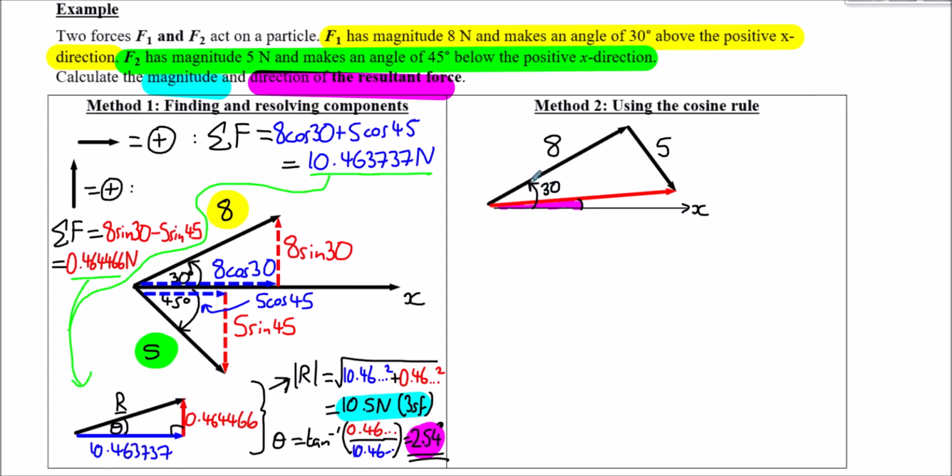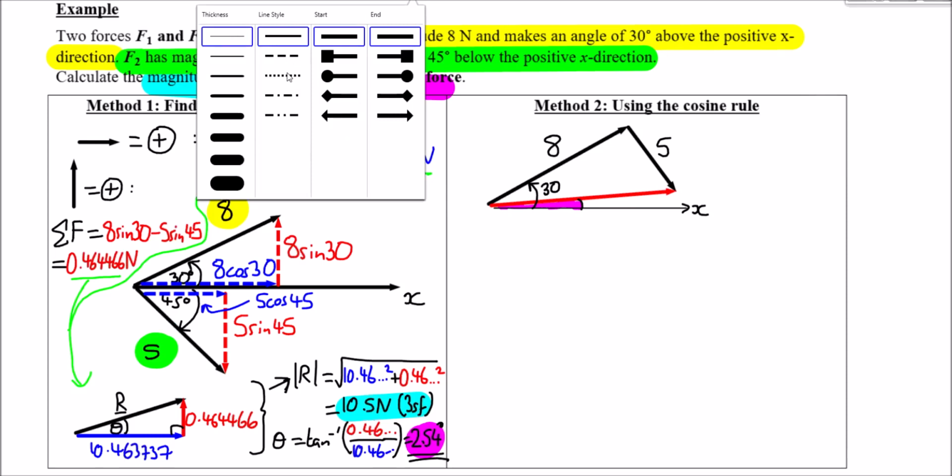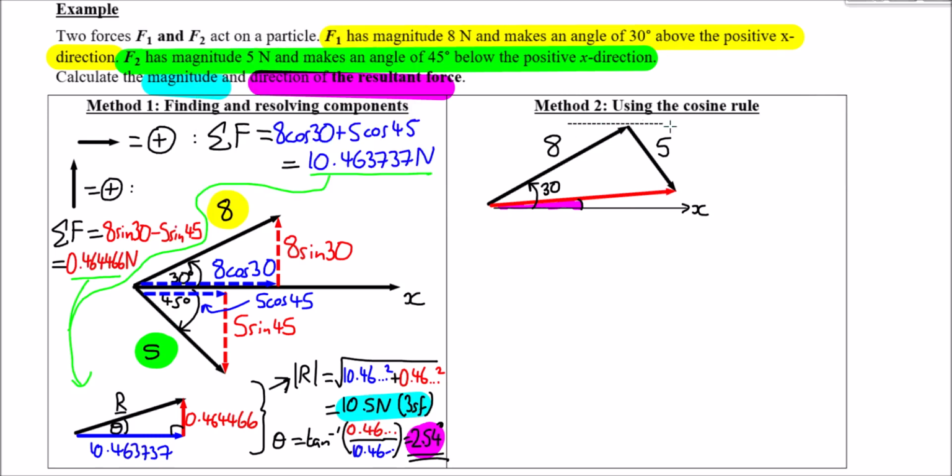So the 30 degrees includes that slice of purple, whatever that might be, pretending we didn't do this method here. And this 5 Newton force is going downwards at 45 degrees. So again, if I just label this on like so, then we knew this was 45 degrees.